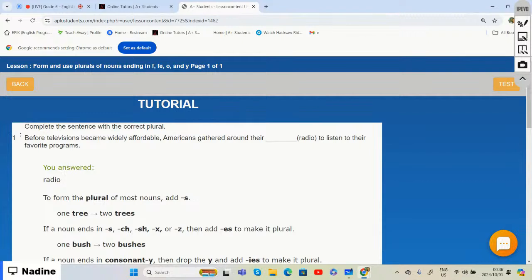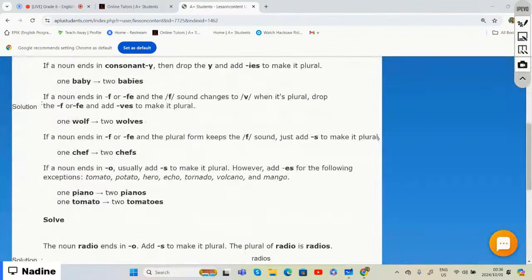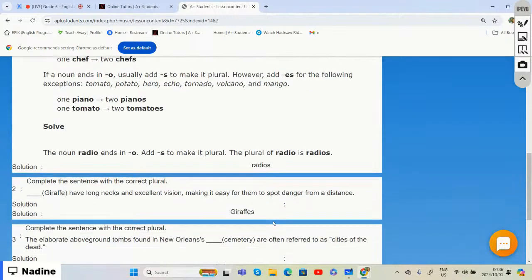All right, if we were to write the word in the plural form of radio, then we will say it is radios, because that is the plural form of radio. Radios. So all we do is we add an S.